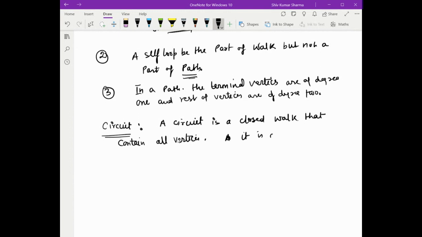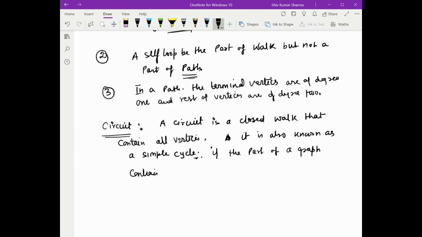So we write as it is. It is also known as a simple cycle if the part of a graph contains a cycle.